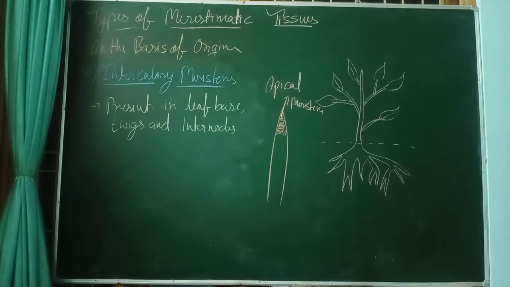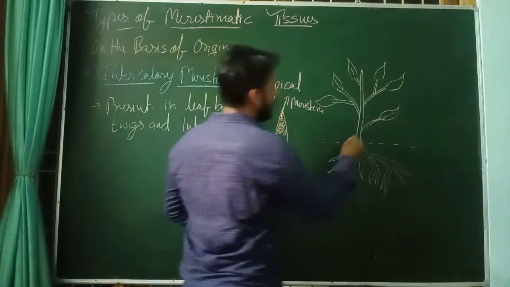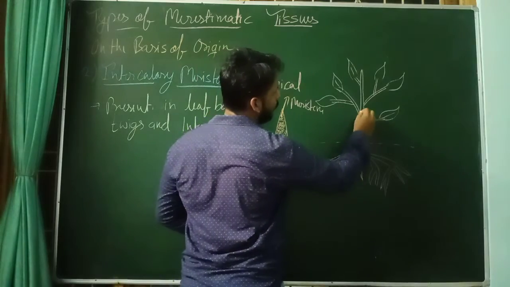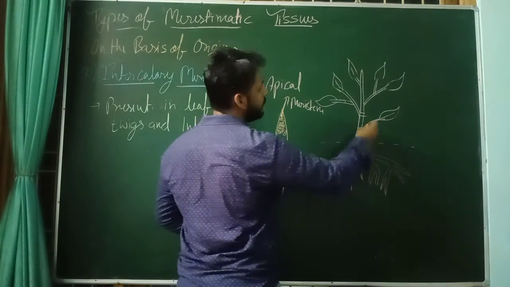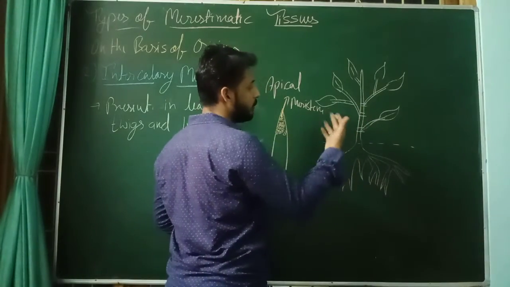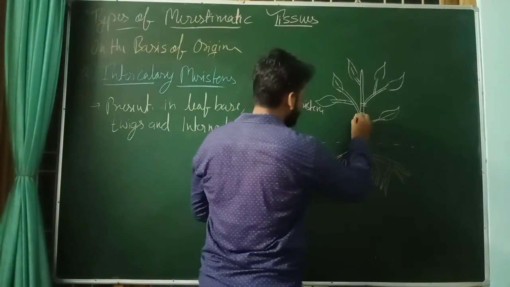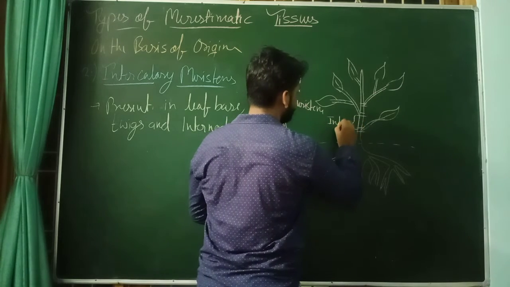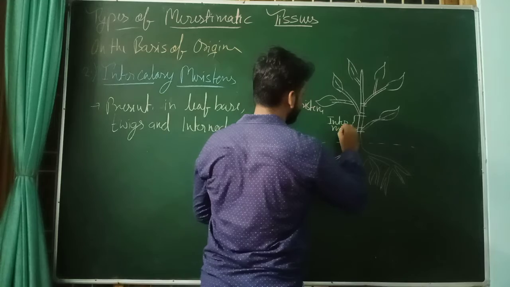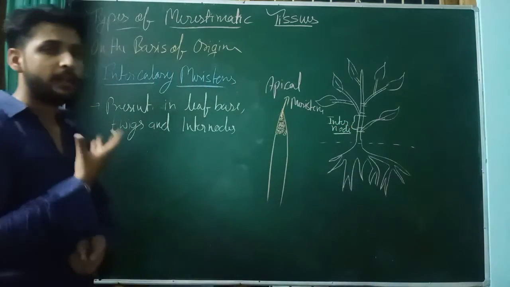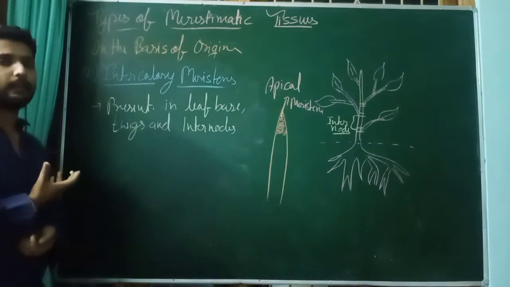Now the question arises, what are these nodes? Here you can see this. From here a branch arises, this is a node. Here another branch arises, it's also a node. Here another branch arises, it is also a node. And the distance between two nodes is known as internode. Got it?